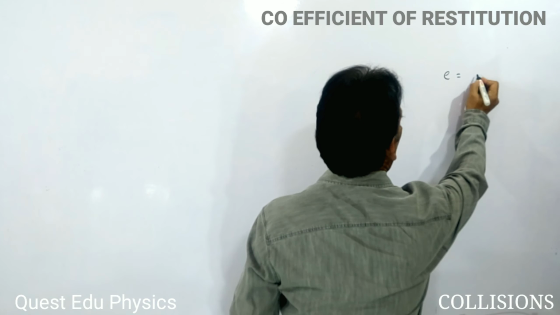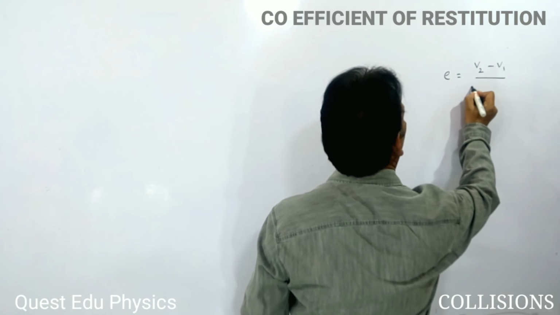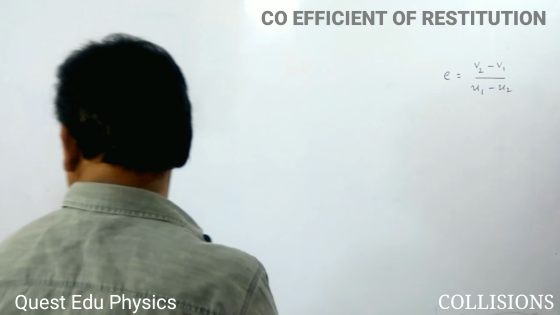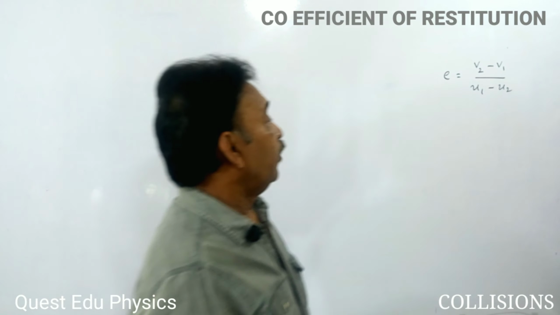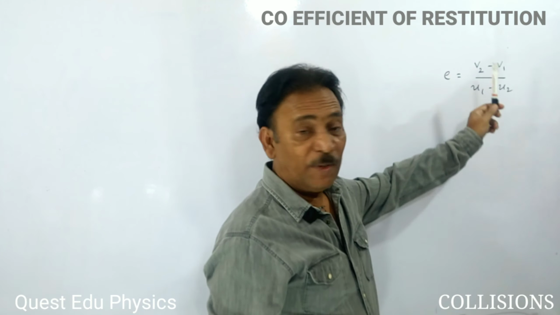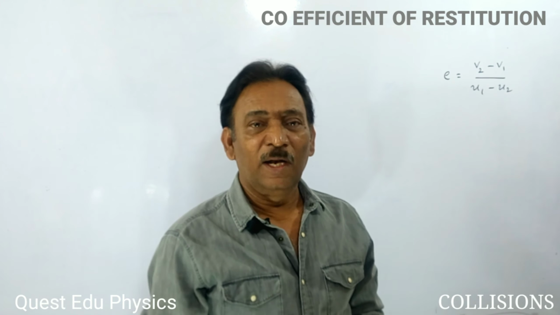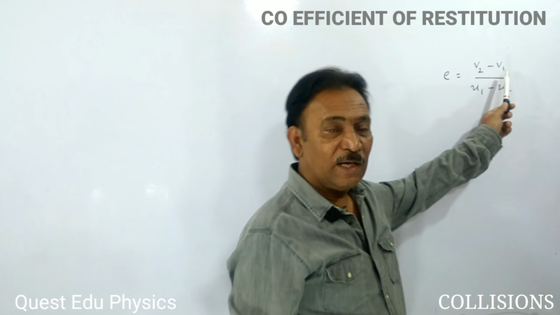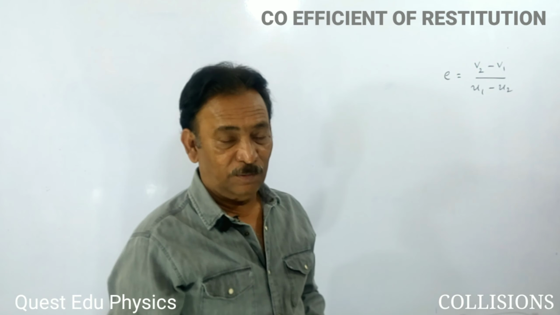It is E is equal to the ratio of velocity of separation to the velocity of approach, or in other words, the ratio of relative velocity of separation to the relative velocity of approach.